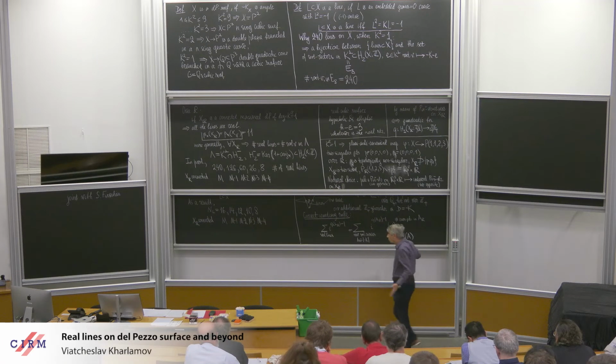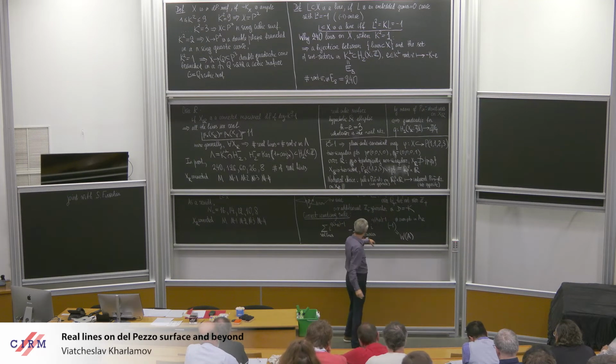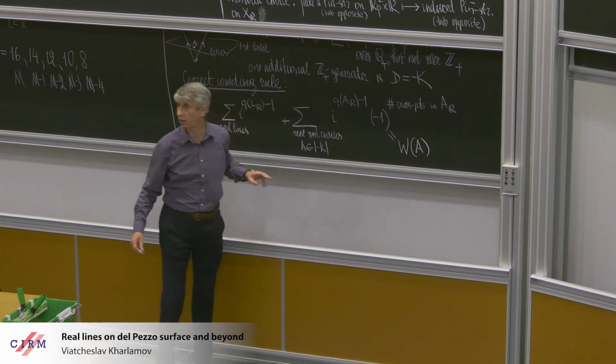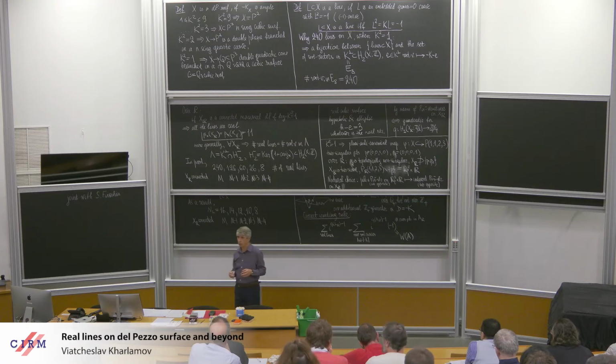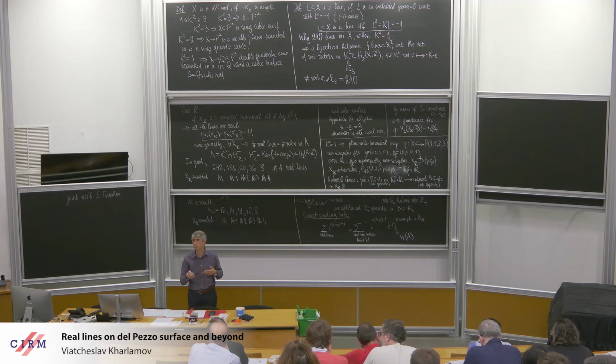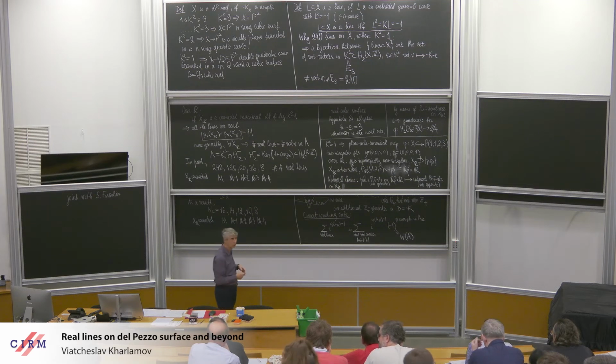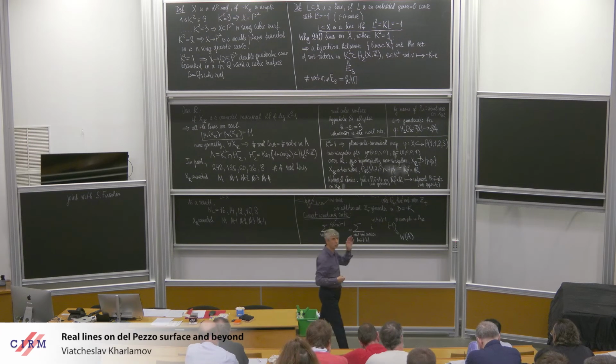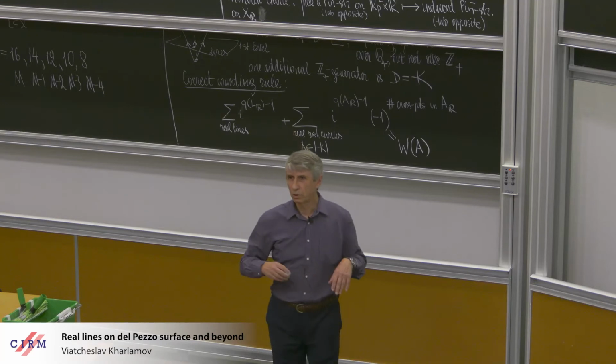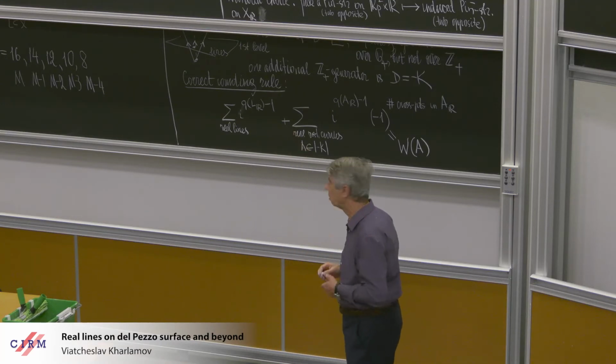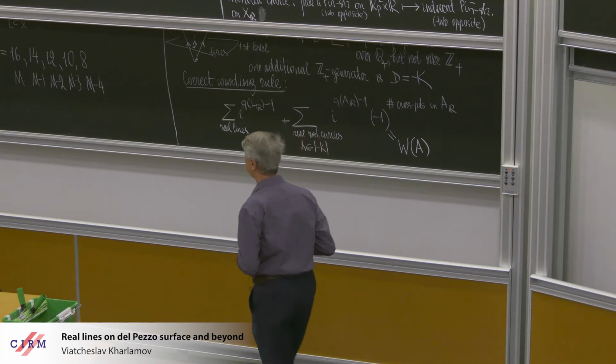And this is also easy to count because, in fact, in this case, these are just curves of arithmetic genus 1. So you may use an elliptic pencil to count everything by means of the Euler characteristic, and then use the Lefschetz trace formula, and so on. No problem.